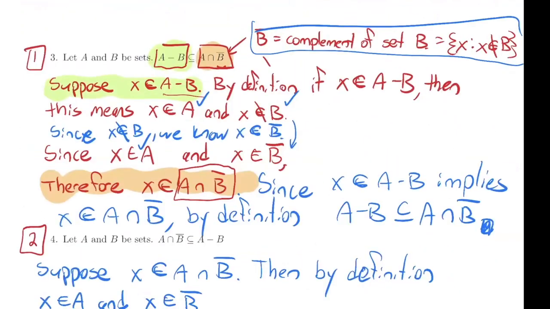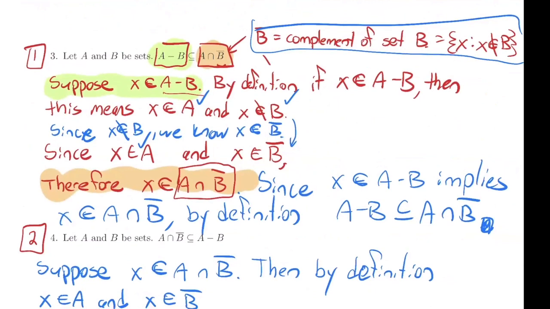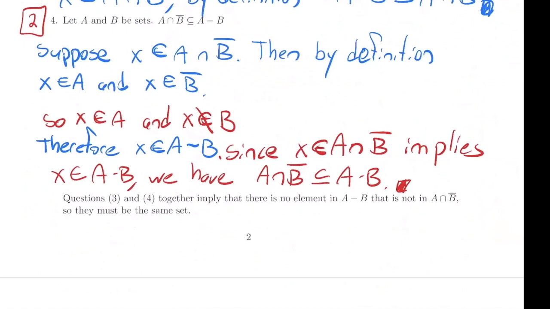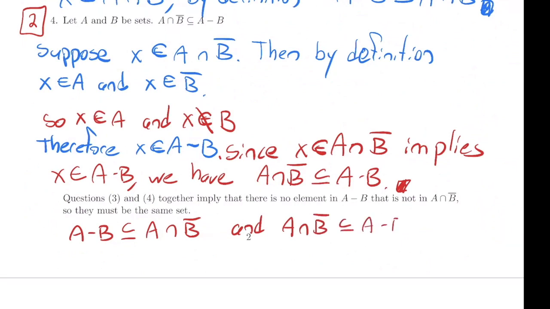But just to connect what we're going to do next time with what just happened in 3 and 4: we showed that A minus B is a subset of A intersect B complement, and we showed that A intersect B complement is a subset of A minus B. This would imply that these two sets have to be equal to each other.